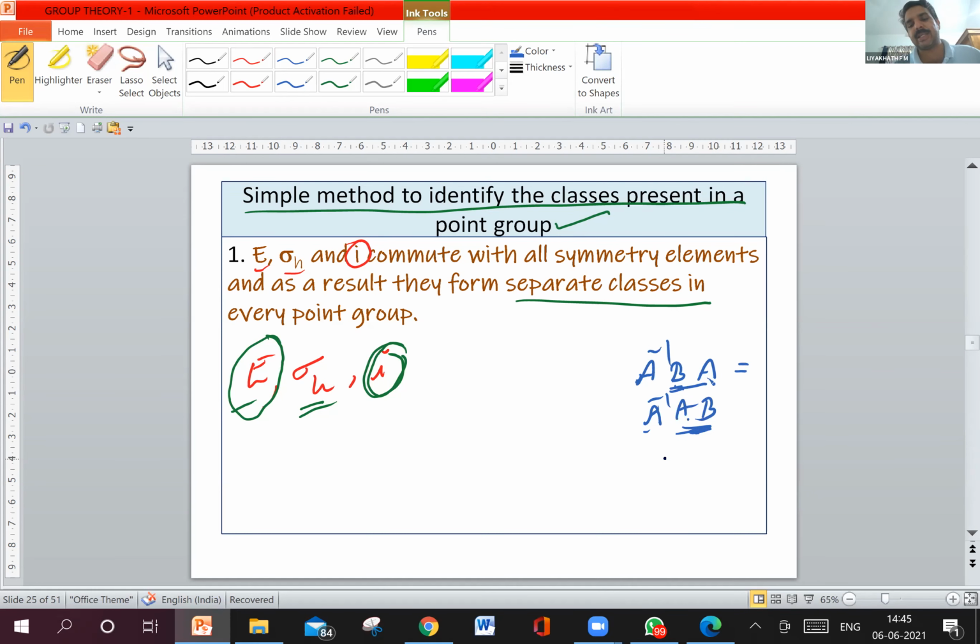Then A inverse A is equal to E into B, that is equal to B. So if an element commutes with all other elements, its similarity transformation with any symmetry element will give that element itself. Therefore, E, sigma h, and i commute with all other symmetry elements, so they form a separate class.